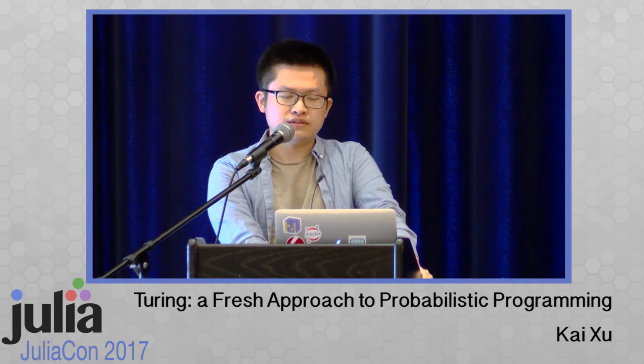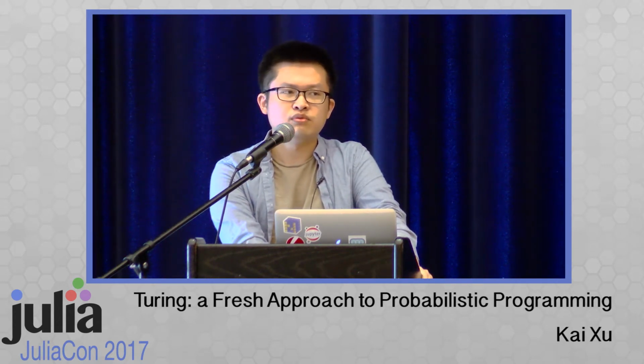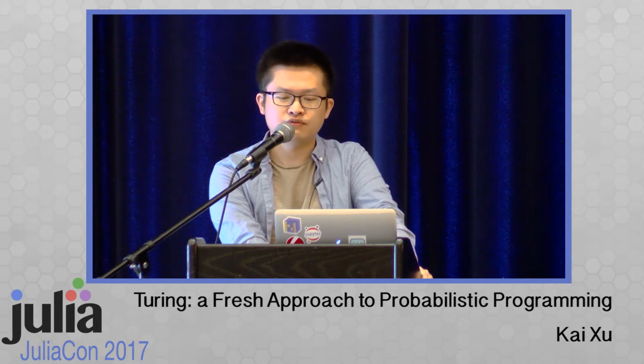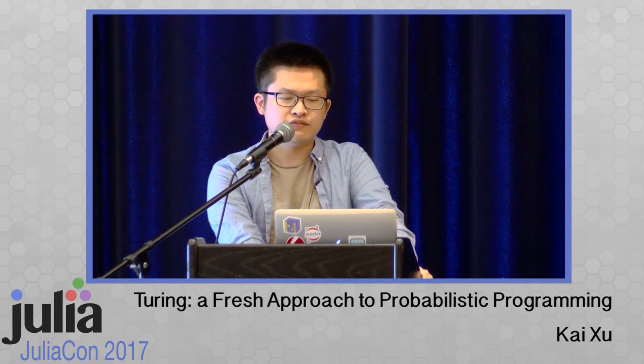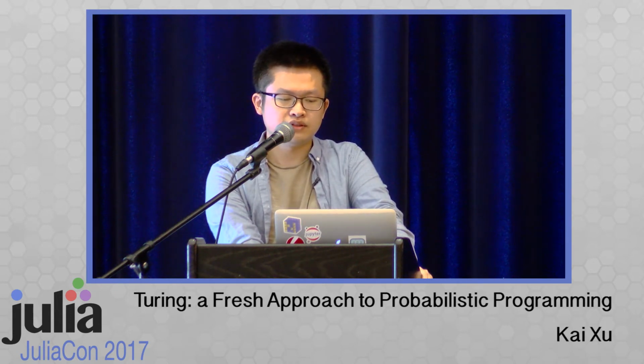So in Turing, you can define a model like this, and then you can do machine learning. To be more specific, you can do Bayesian inference by sampling methods. Here, after defining this model, you can feed some data into the model and get a model function. And then you can say, I want to run a particle filtering algorithm.